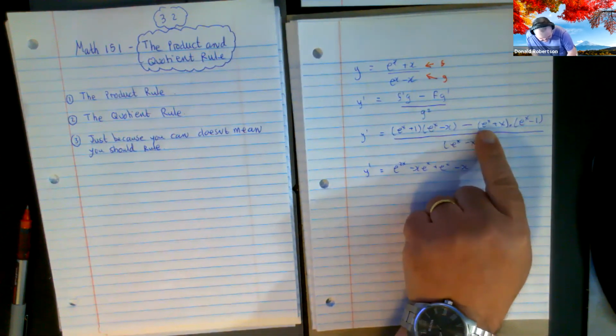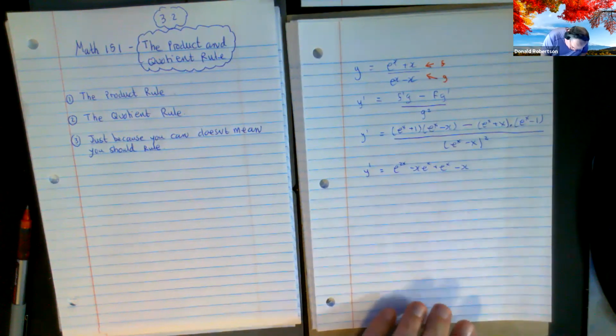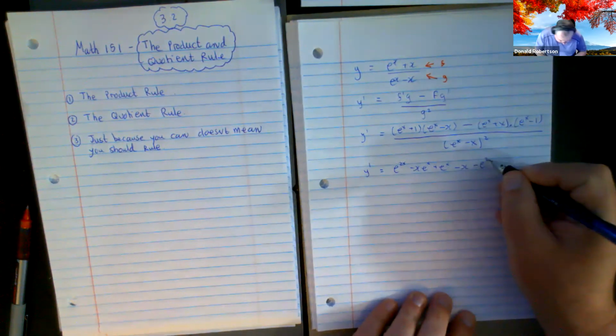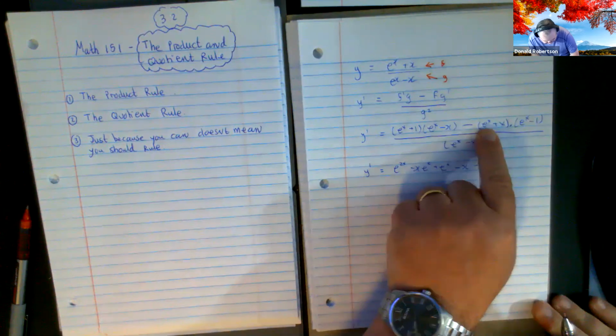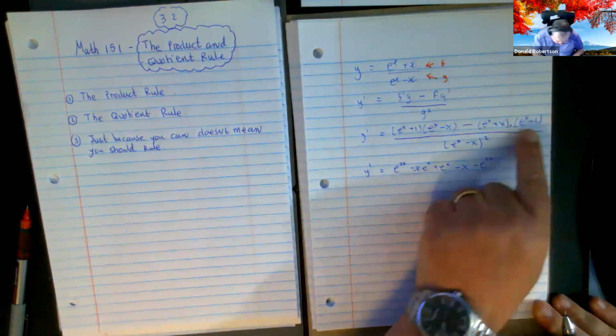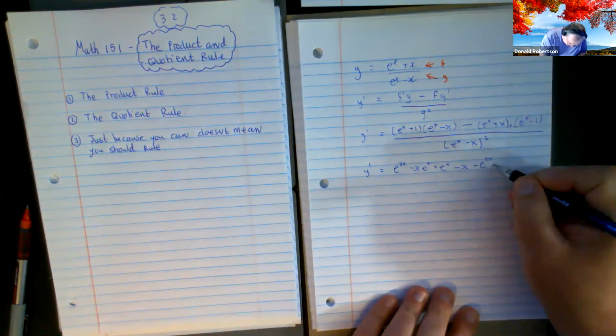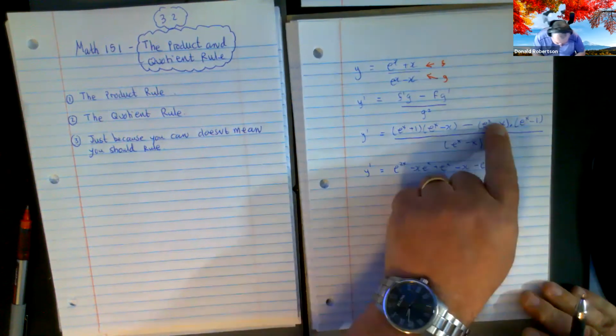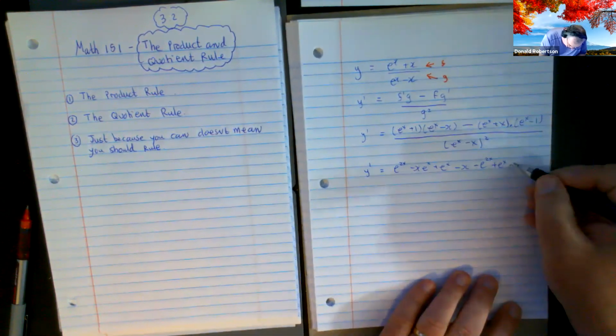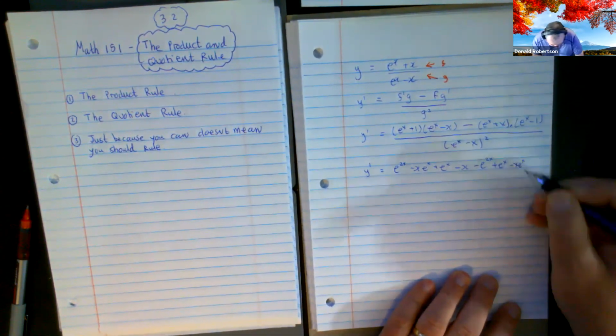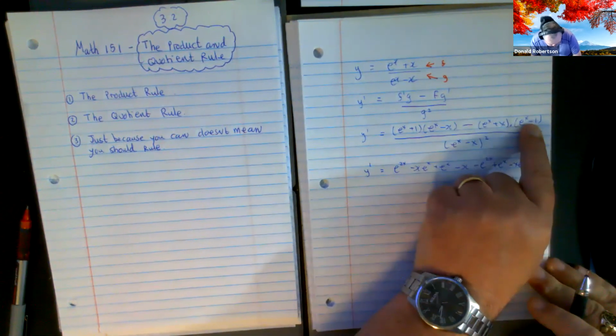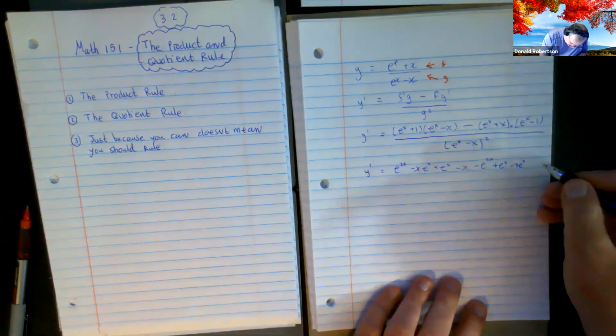So e to the x times e to the x is e to the 2x, and then I subtract it. e to the x times this is negative e to the x, but then you subtract it. x times that, and then you subtract it. And lastly, x times negative 1 is negative x, but then you subtract it.